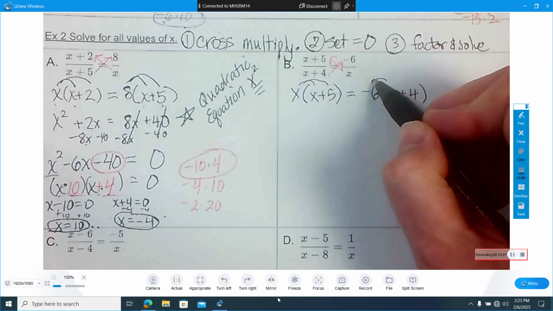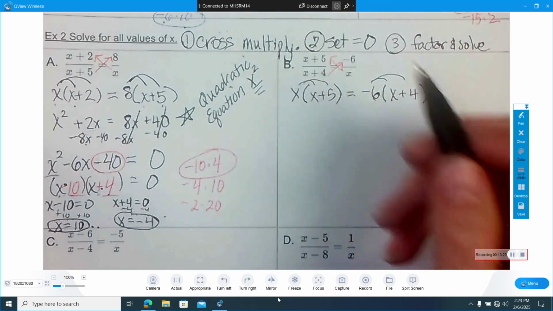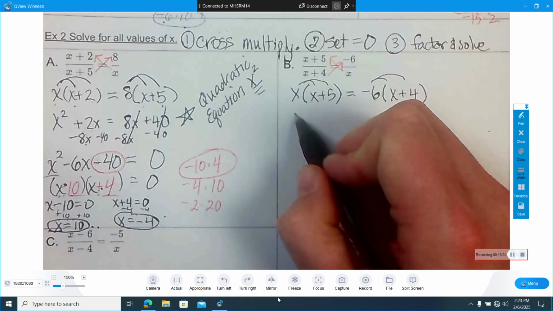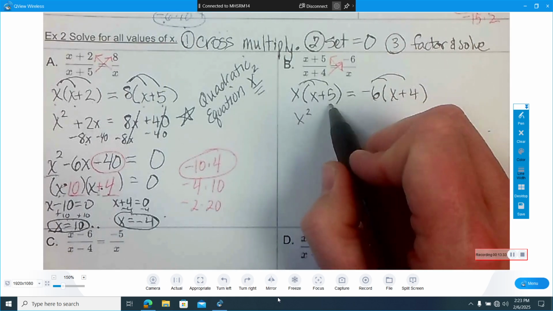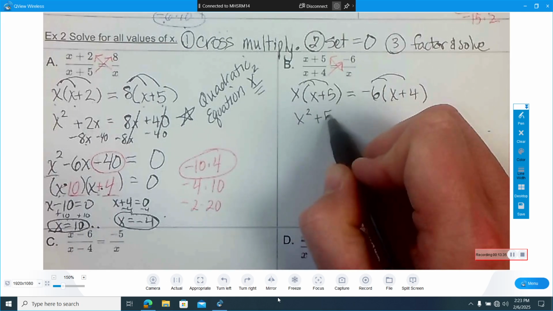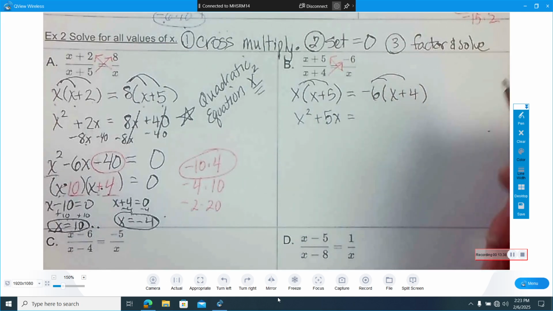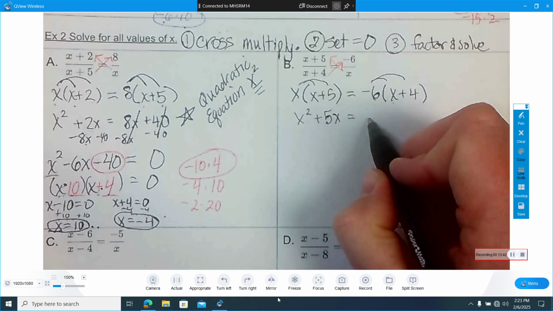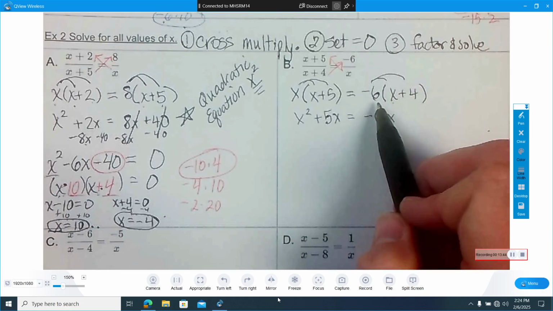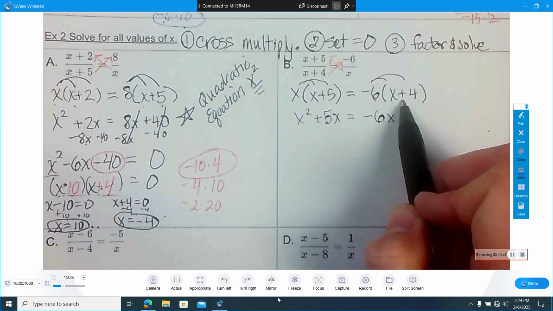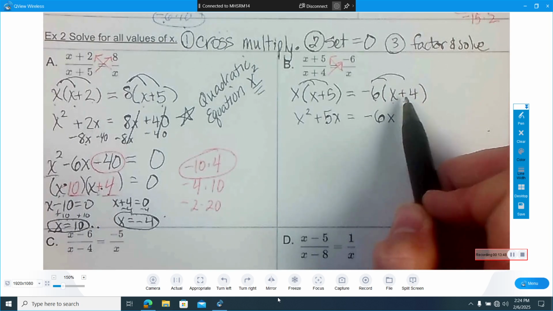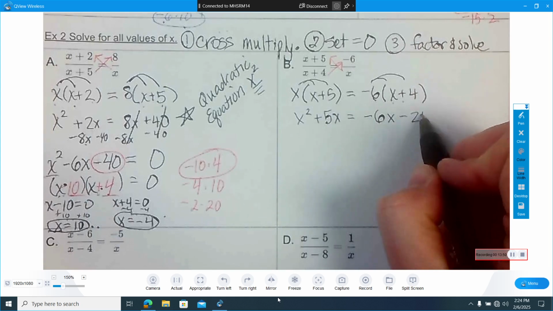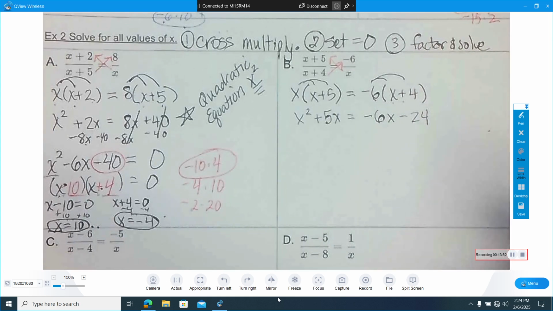Distribute. x times x is x squared. x times 5, positive 5x. Negative 6 times x, negative 6x. And negative 6 times positive 4, negative 24.